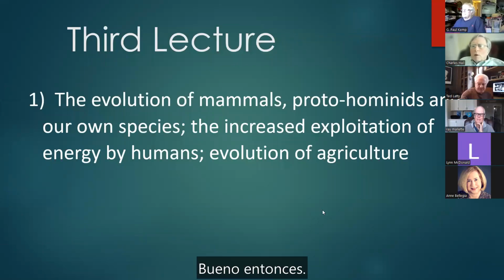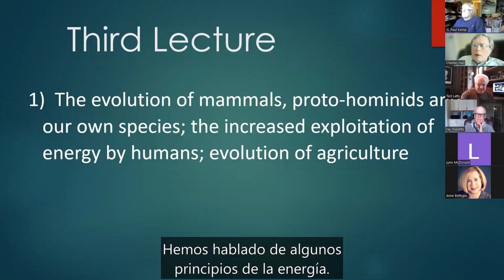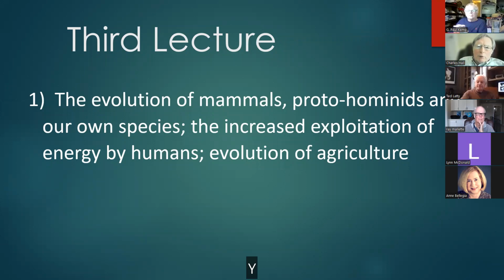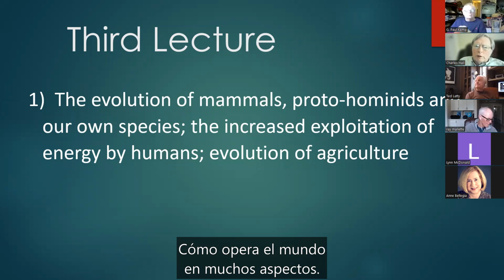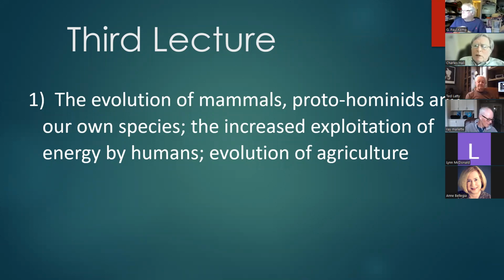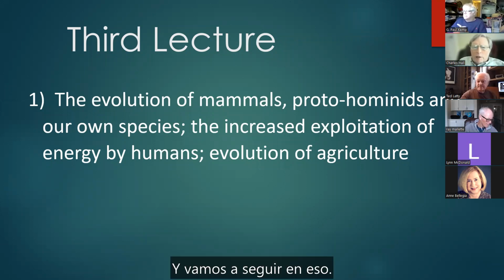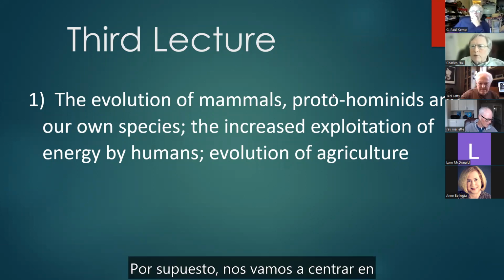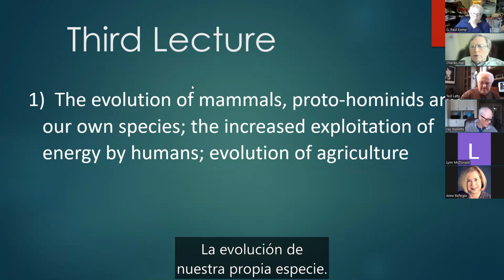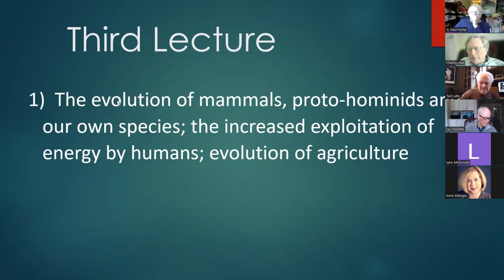Okay, so we've talked about some principles of energy and how it operates the world in many respects, and how it relates to biology and natural selection. And we're going to continue on that course, except we're going to focus on the evolution of our own species.